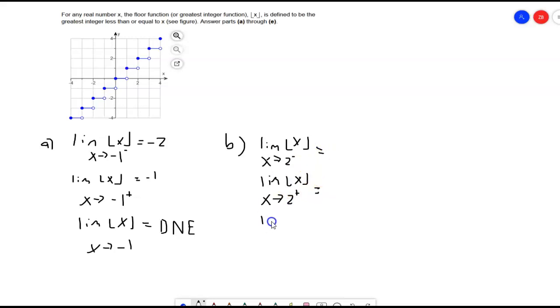And finally, we'll look at the limit of the floor function as x approaches 2. So we'll go to the x value 2.